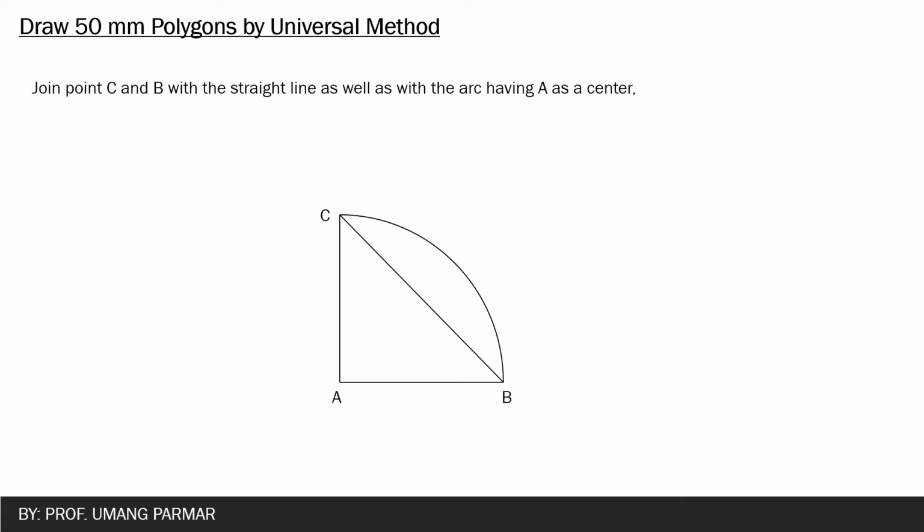Once you put your compass on point A, you can extend it to point C, and when you make the arc, it reaches point B and you will have this figure.